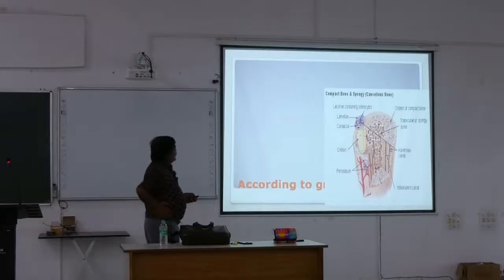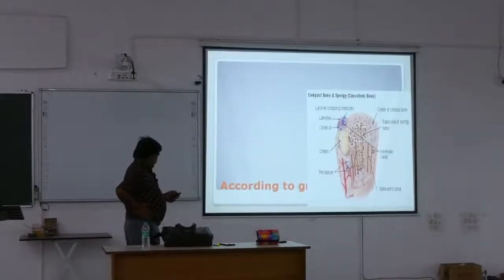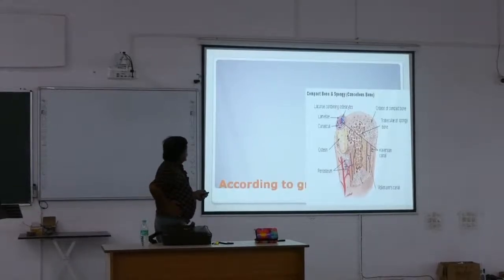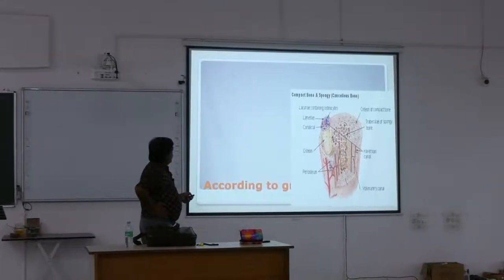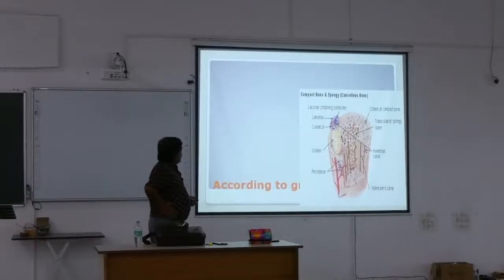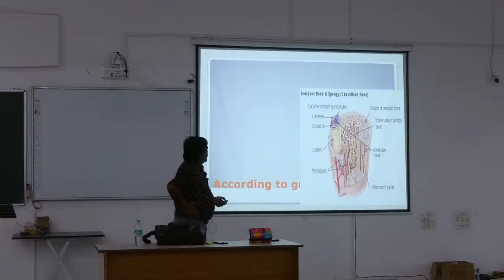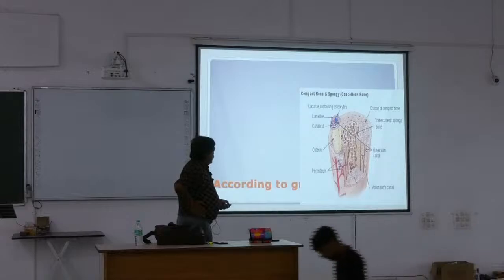Compact bone and spongy cancellous bone. You see the lacuna containing osteocytes, lamella, canaliculi, osteons, the trabecular spongy bone, osteon of the Haversian canal, Volkmann's canal and periosteum. This is the periosteum.